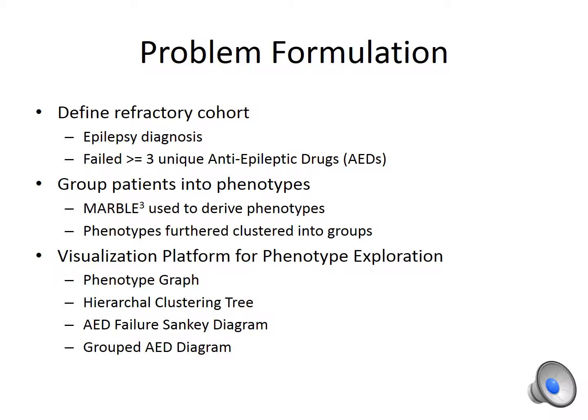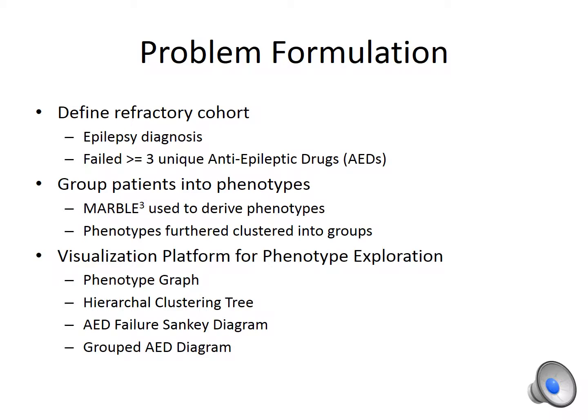Once this refractory cohort is determined, patients will be grouped into phenotypes using the Marble tensor factorization algorithm. These phenotypes will be derived, and then they'll be further clustered into medically significant groups using a hierarchical clustering algorithm. Then a visualization platform will be constructed that can be used to further explore the phenotypes.